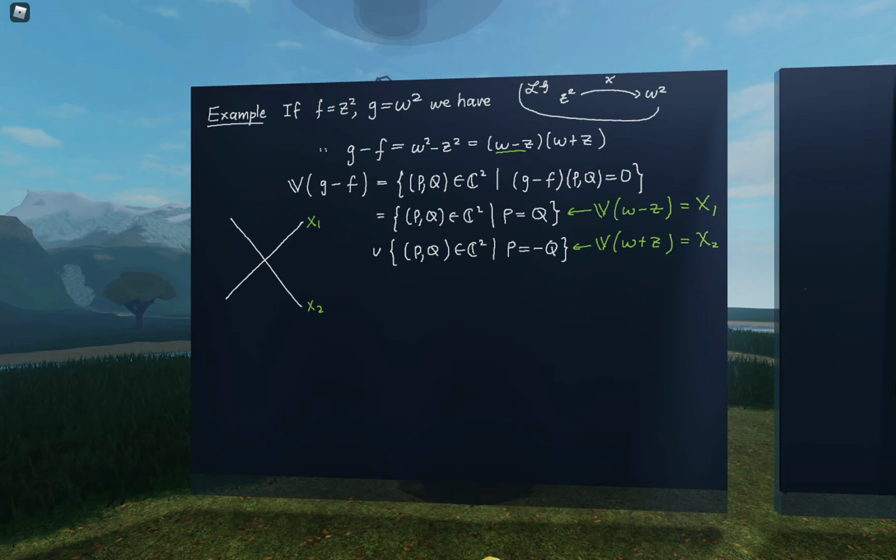So what are the arrows from z squared to w squared? Well, they're closed subsets of this vanishing locus, and there are 3 of them on the board, at least. There are 3 irreducible ones that aren't made up of smaller pieces, namely x1, x2, and the origin itself.